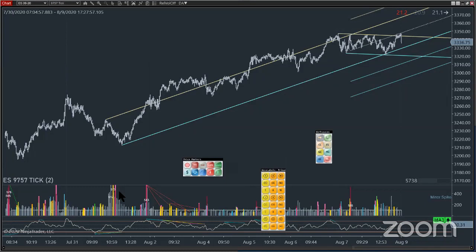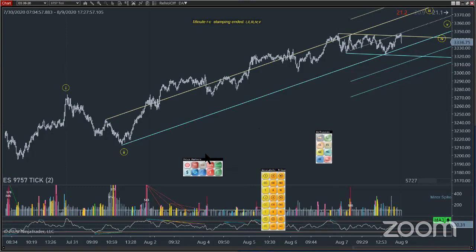So let's just look from right here, starting from here. 1, 2, and then you've got a 1, 2, 3, 4, and you're looking for the fifth wave up now of wave 3.